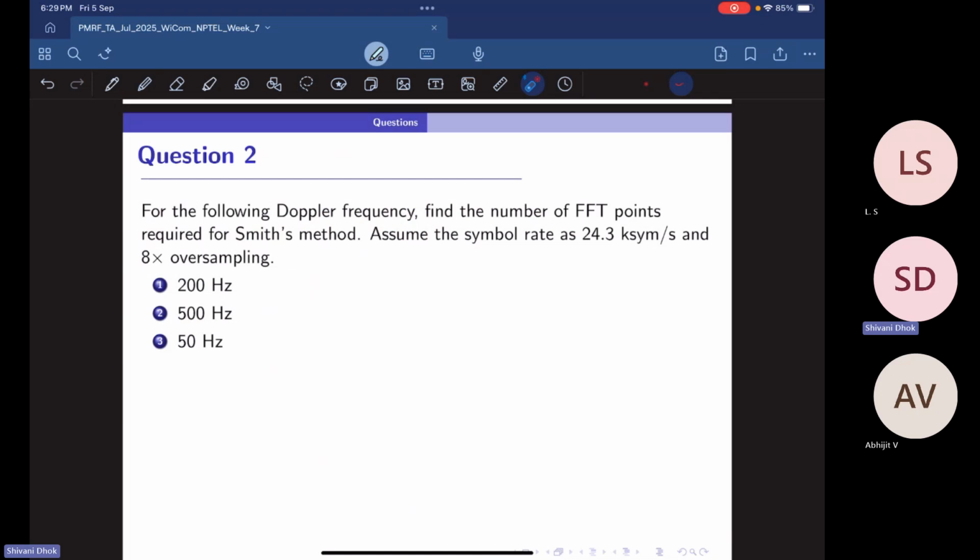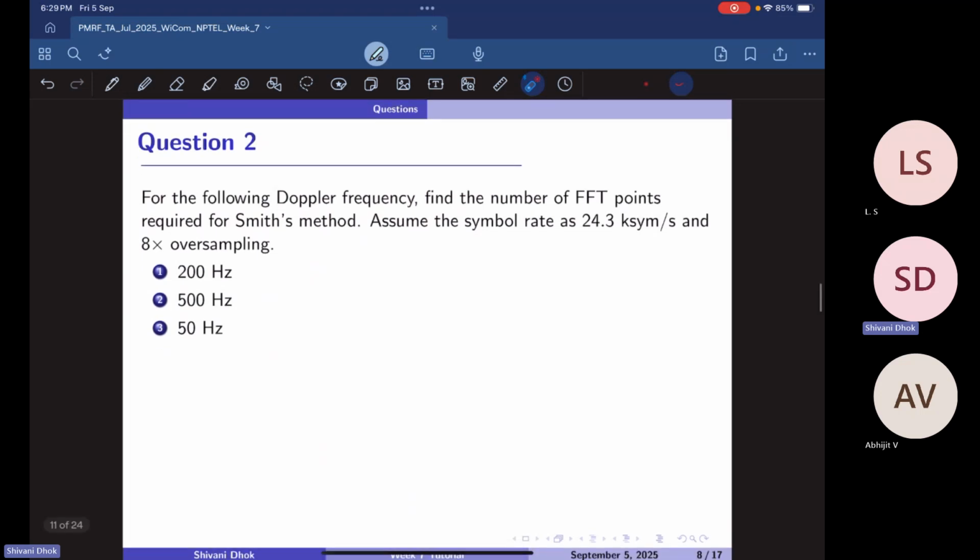Okay. So for the following Doppler frequency, find the number of FFT points required for Smith's method. Assume the symbol rate as 24.3 kilosymbols per second and 8 times oversampling.